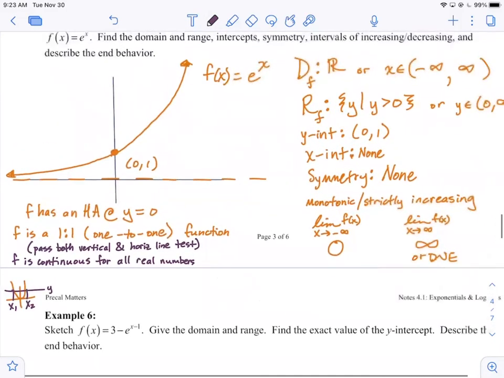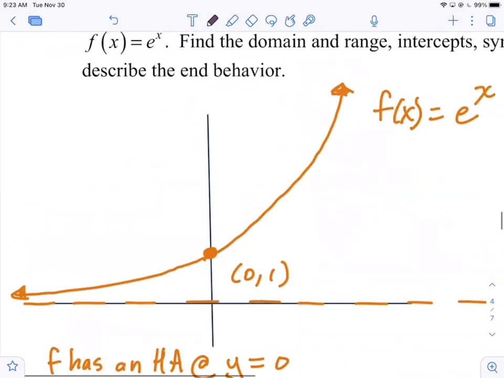Good. So there was still something else to discuss. Anything else? Can anyone think of anything? Does it have any local extrema, local max or local mins? Local max and local mins are going to be like hills or valleys, like vertices, right?